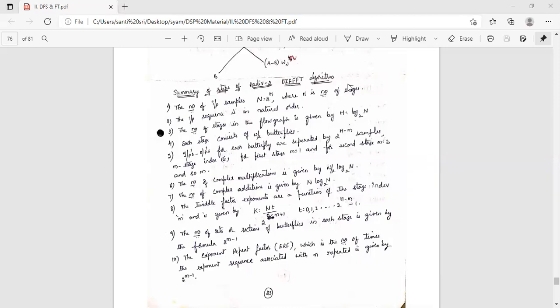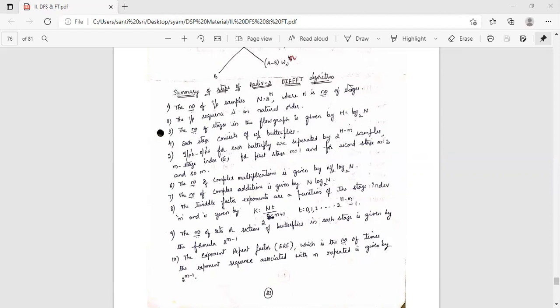Each stage will be divided into 2 parts. Suppose it is 16, then it will be divided into an 8-point DIF FFT and another 8-point. Each 8 is divided again into 4, 4. Each 4 is divided again into 2, 2. So that is N by 2 butterflies.